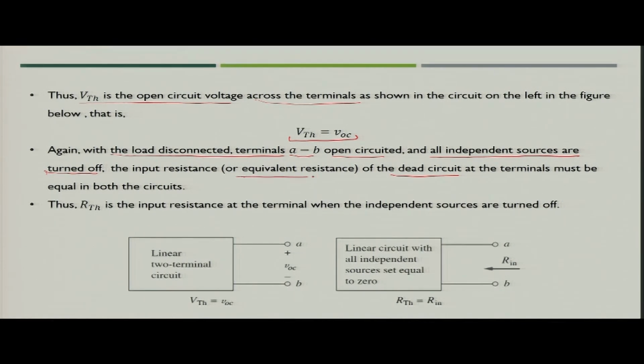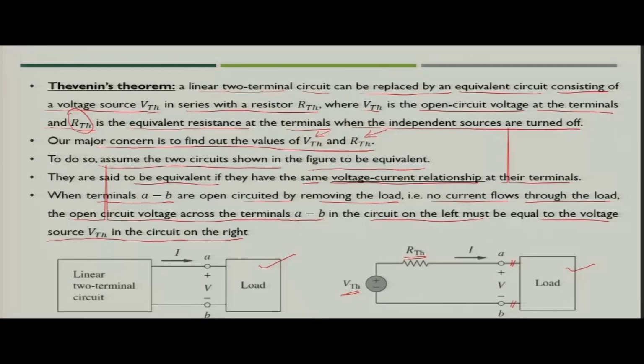Now, the equivalent resistance which you will measure between these two terminals A and B would be equal in both of the cases. Both of the cases means case 1 where you have the linear two terminal circuit, you will take all the sources off, and you will measure the RTH here. Similarly, if you measure RTH here, it will be this value, because in that case this would be short circuited.